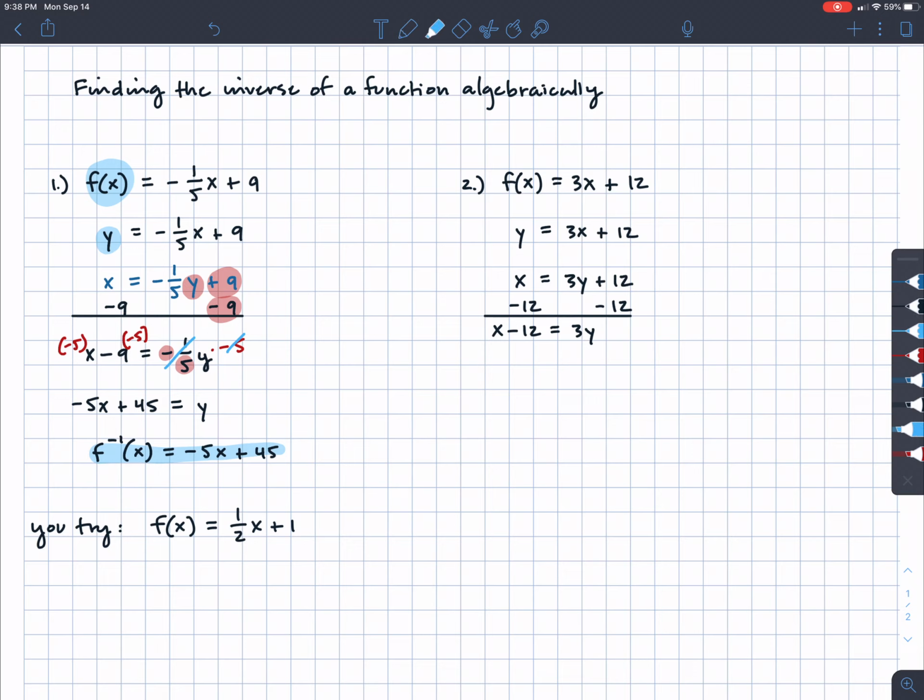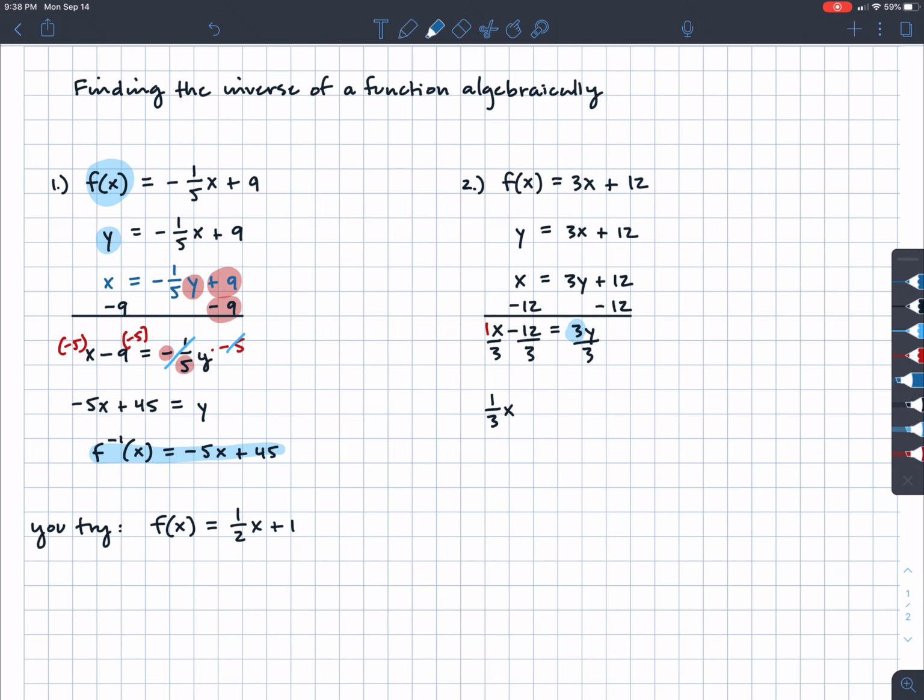So now we have a little change. 3 is now being multiplied by y. So I need to divide every term by 3. When I divide x by 3, really there's a 1 in front of the x, and so I can rewrite that as 1/3 x.